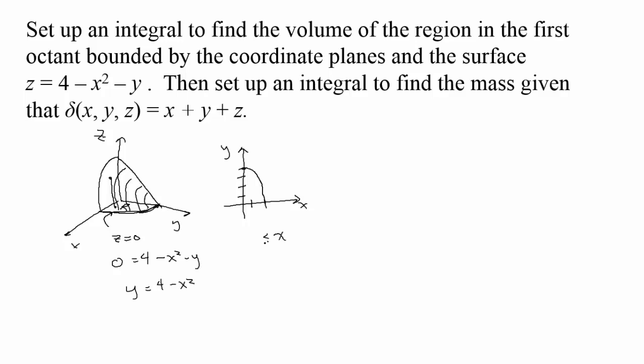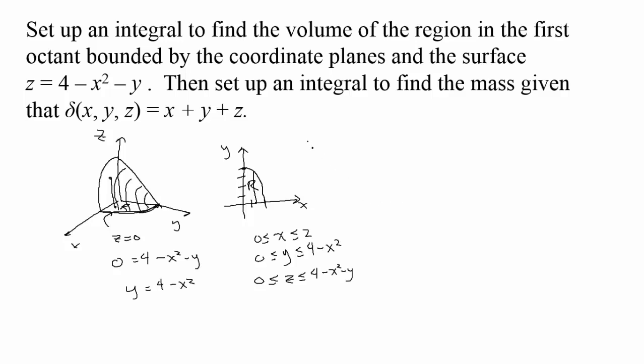We could just say x runs from 0 to 2, and then for every x value between 0 and 2, the y value starts at 0, and it climbs until it hits the parabola, and the equation of the parabola is 4 minus x squared. So now we've got bounds on our region R, and then for every point in R, the z value starts at 0 and goes up until it hits the parabolic cylinder, 4 minus x squared minus y.